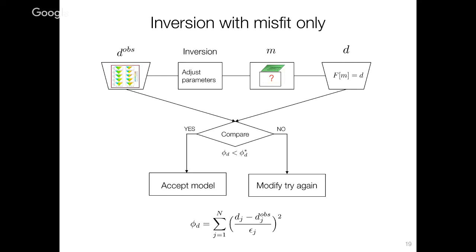Right? So we've got our observed data, and we have predicted data. And the first thing you do is compare them, and if they compare favorably, you might say, okay, I'll accept that model and proceed on. If they don't compare favorably, then you'll modify it and try to go through again. And we're going to use this quantity here as a misfit.